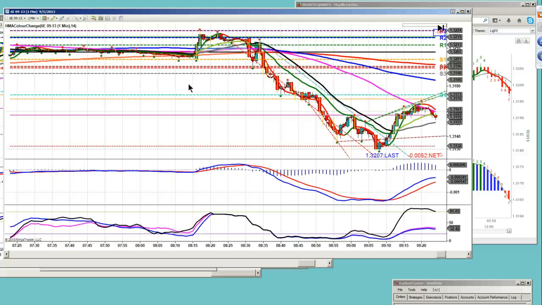Now, if you're not sure, you've got many fractal rays and you're not sure which one you should really be following, they're all basically showing you where things were and where things are likely to go. You always look for the most recent asterisks closest to the current candle.